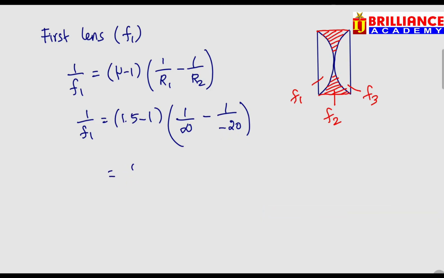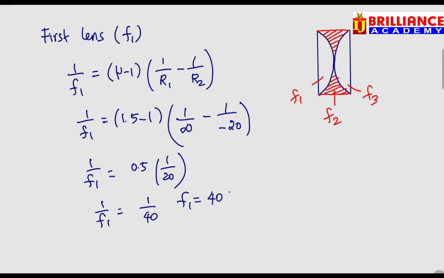So 1.5 minus 1 is 0.5, 0.5 into 1 by 20, which is 1 by f1. So 1 by f1 is equal to 1 by 40. So f1 is equal to 40 centimeter.